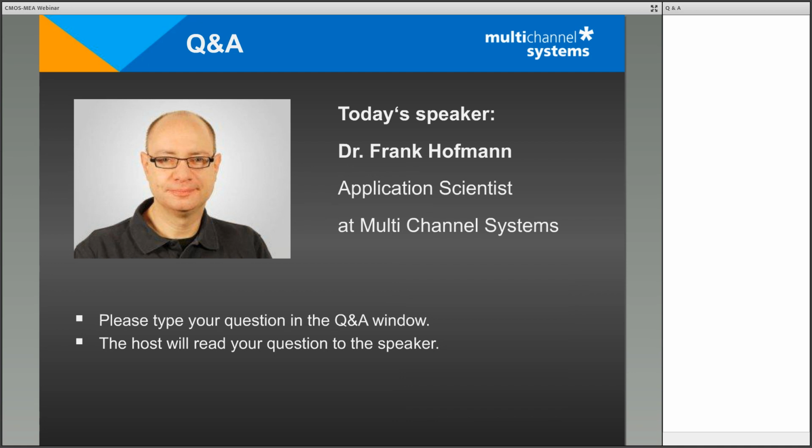Actually, there was a question about the CMOS chips. So what are the diameters of recording and stimulation electrodes? Oh, beats me. I think they are 8 microns. The recording spots are 8 microns diameter. And the squares for stimulation, don't know, should be roughly double.